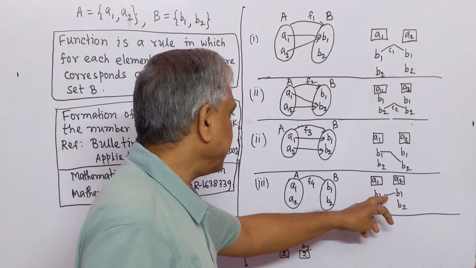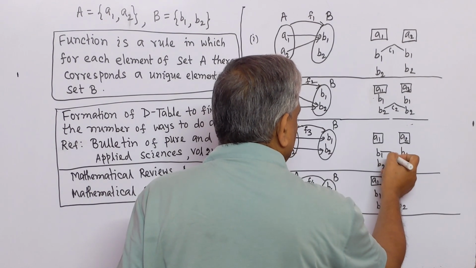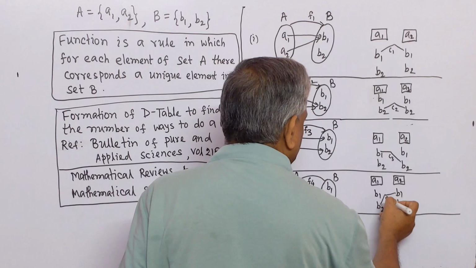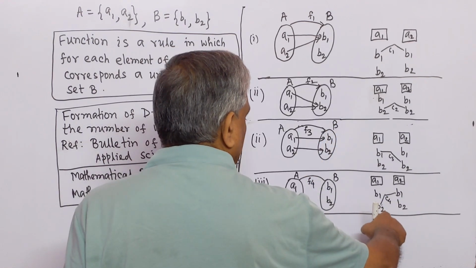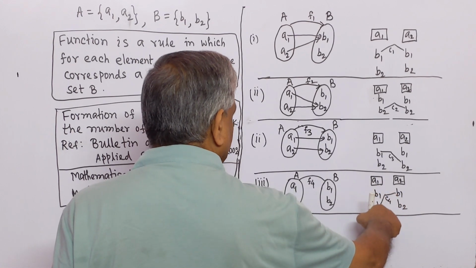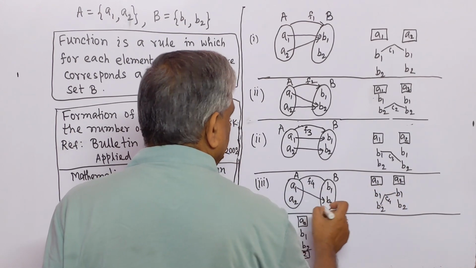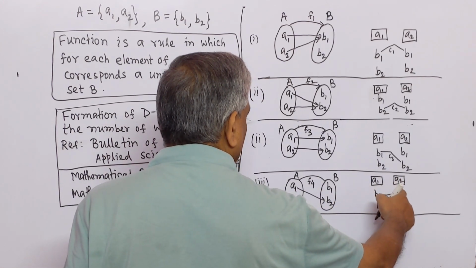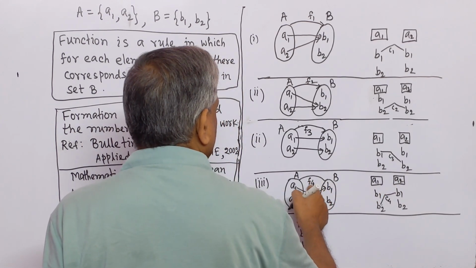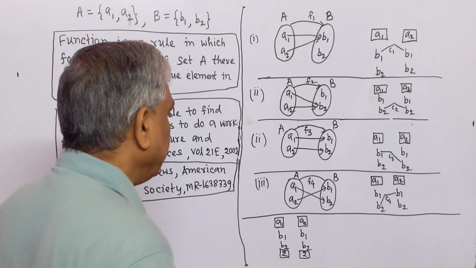Similarly, the name of this curve is C3, and the name of this curve is C4. This curve represents that the image of a1 is b2 and the image of a2 is b1. The name of this function is f4.